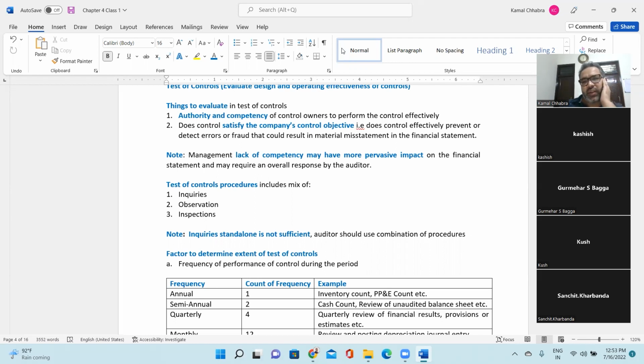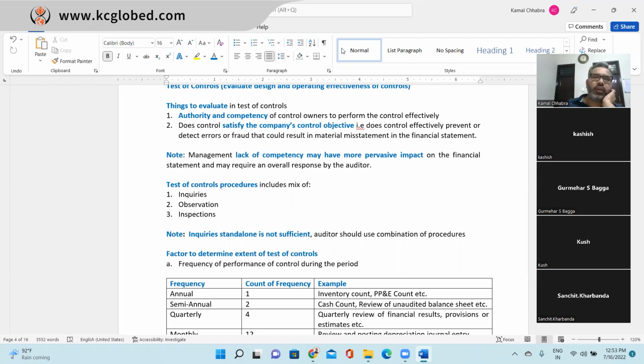What is competency of the control owner? Competency is primarily related to how competent they are, whether they are qualified, whether they have the relevant experience and skill set. Education and experience, right? If someone is authorized to approve, let's say, $50,000 or $100,000 payments, does he understand what payments he or she is approving?